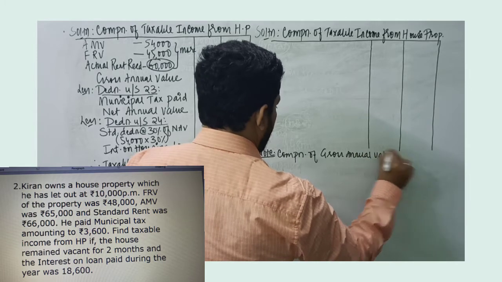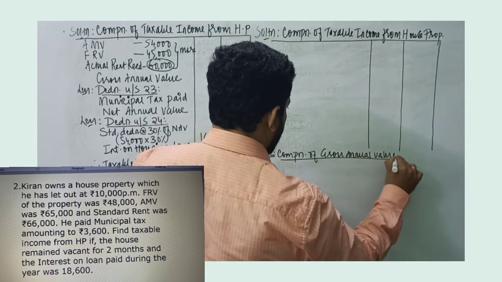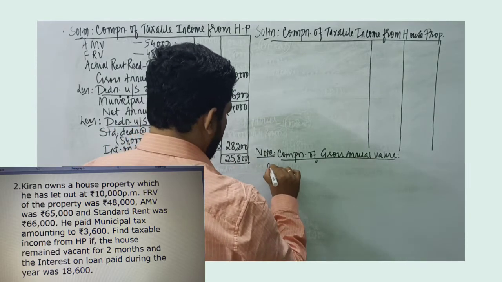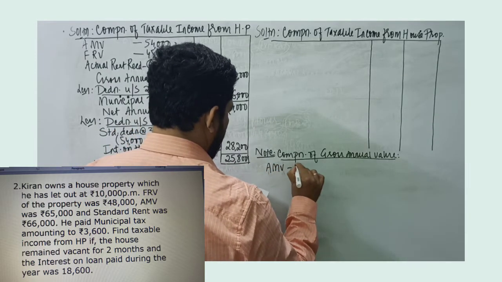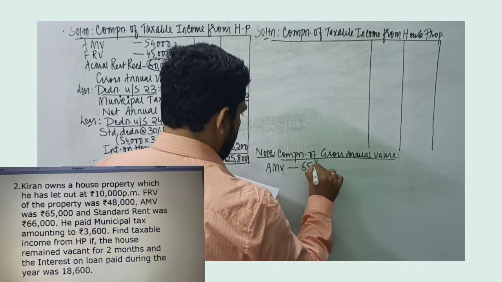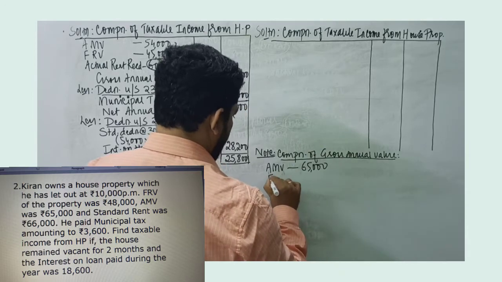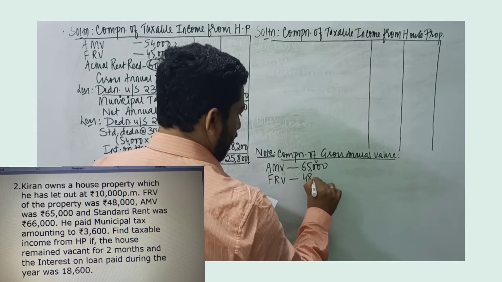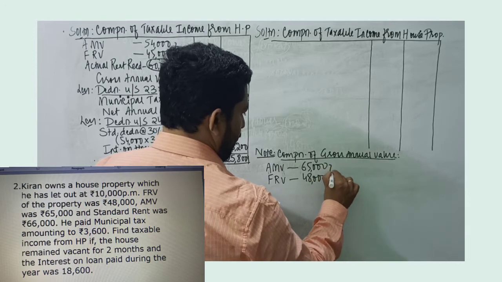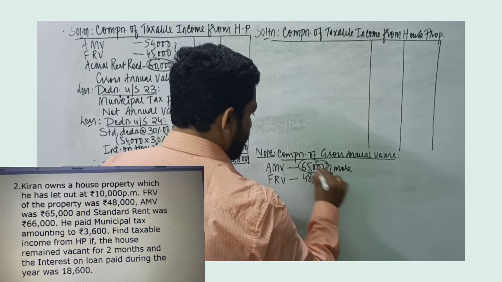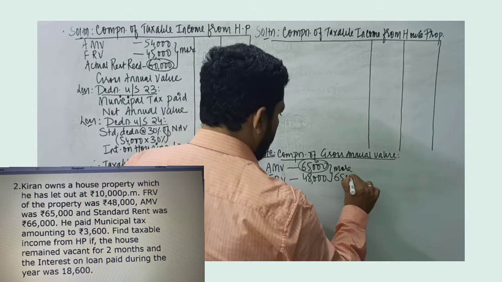For gross annual value calculation, we are going to go step by step. We have the annual municipal value, which is given to us, rupees 65,000. Then we compare that with fair rental value, which is given to us, 48,000. Among the two, whichever is more, we find 65,000 is more.